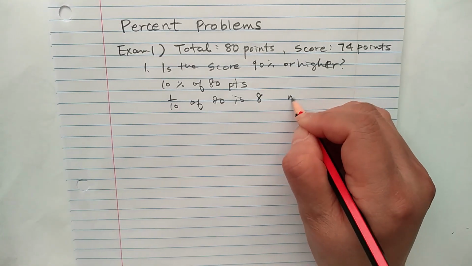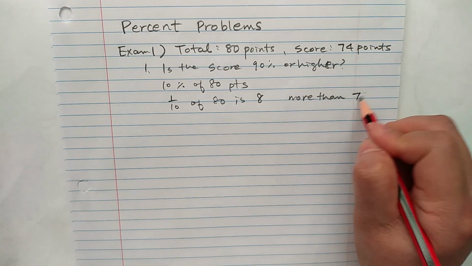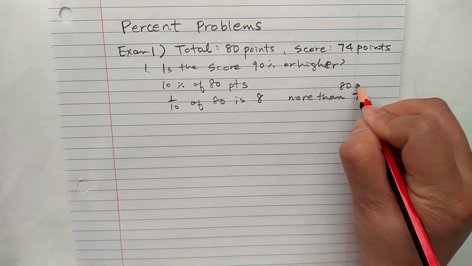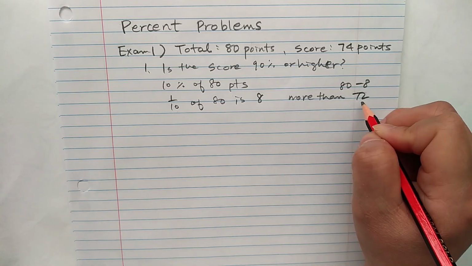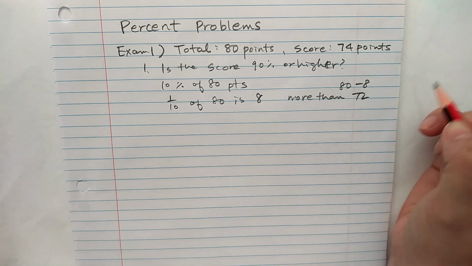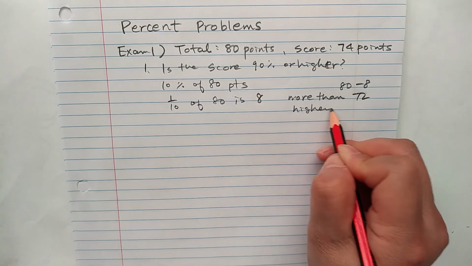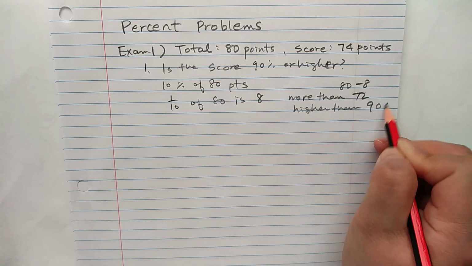If you got more than 72, which is 80 minus 10%, meaning 72 is the 90% of 80, that means you got higher than 90%.